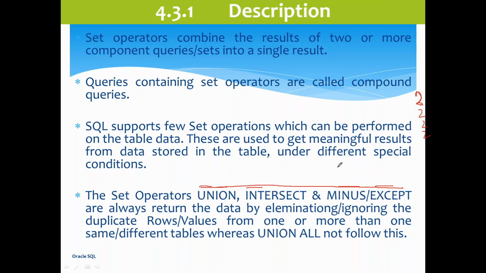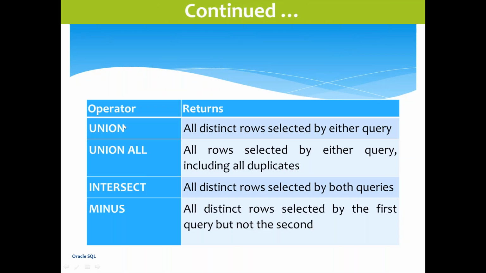In union all, the duplicates will not be ignored, whereas everywhere else the duplicates will be ignored. Okay, so same different tables, whereas union all will not ignore any duplicate value. Okay, these are the four set operators: union, union all, intersect, and minus.